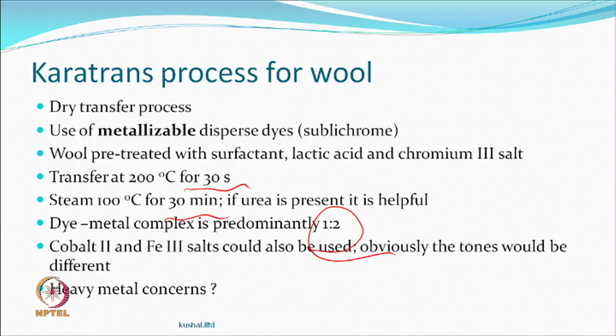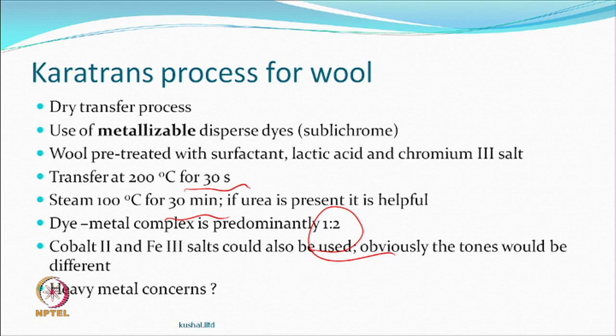You can take a photograph and print it, but what it would look like may not be the same, because in photographs, true transfer is required. This process obviously had some concerns of using heavy metals, but if you are using it for dyeing, then you can use it for printing.